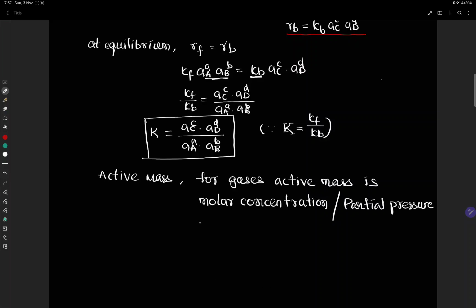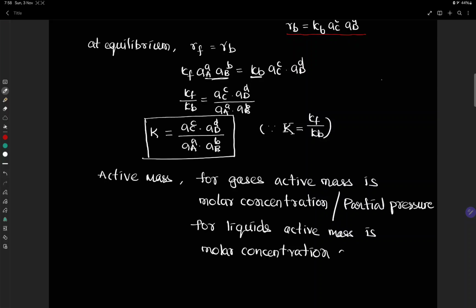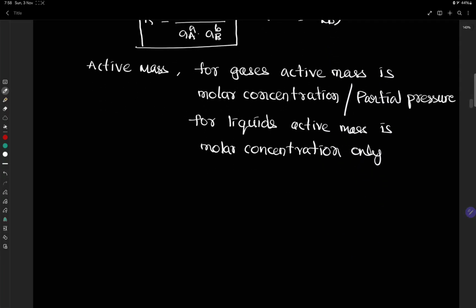But for liquids, active mass is molar concentration only.